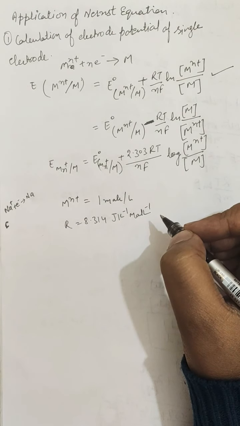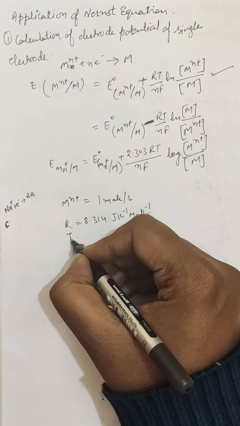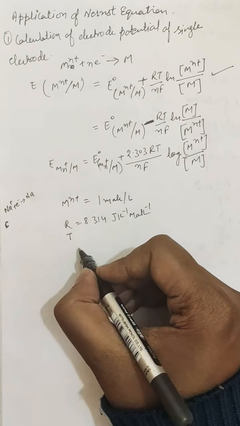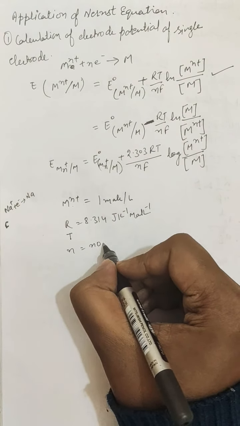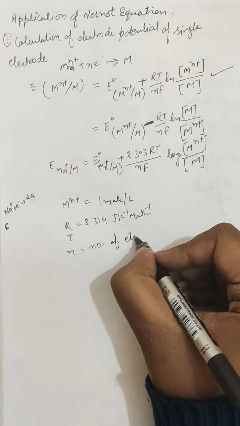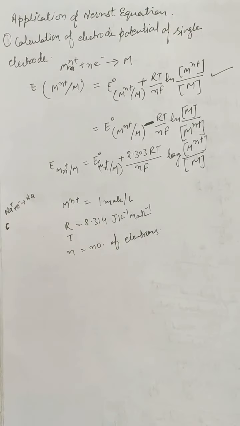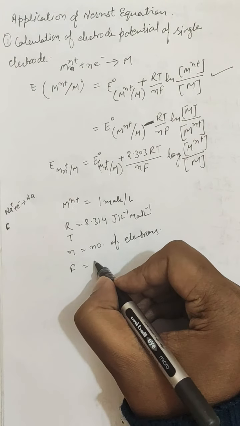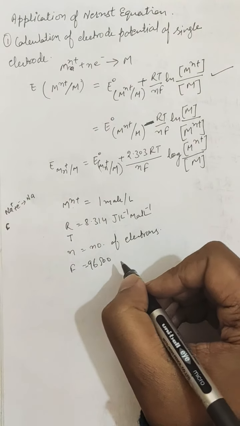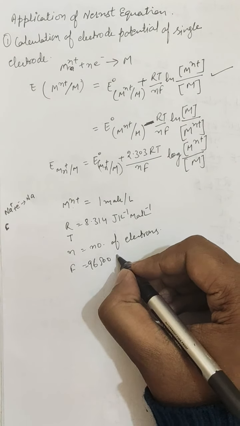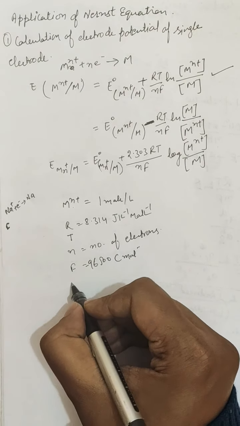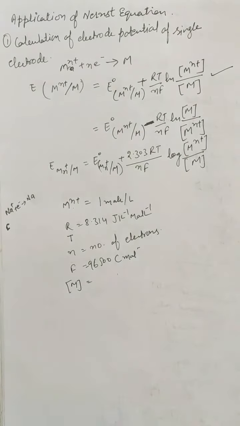T is the temperature, M^n+ is the molar concentration of the ion, which is 1 mole per liter. n is the number of electrons gained. F is the Faraday constant, 96500 coulomb per mole, and M is the concentration of the metal.